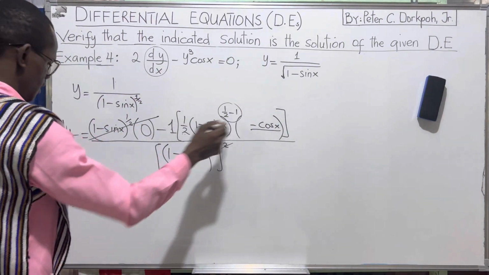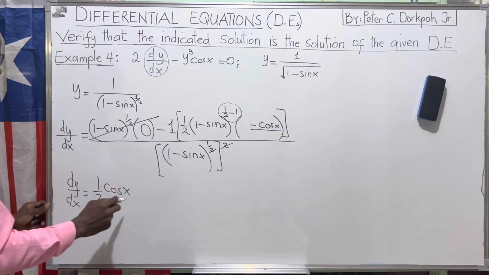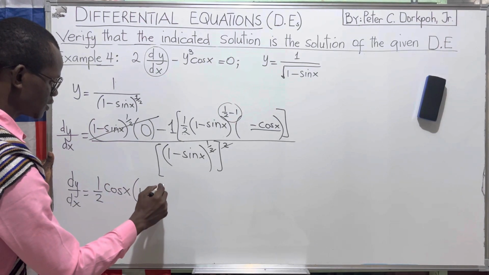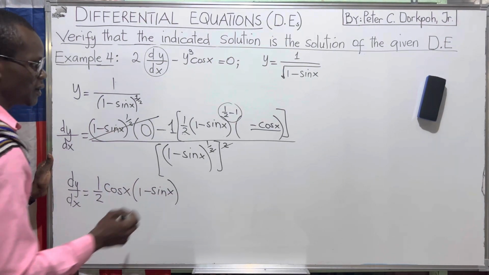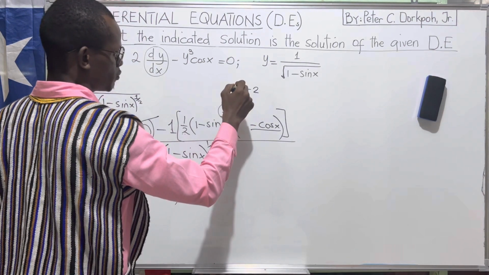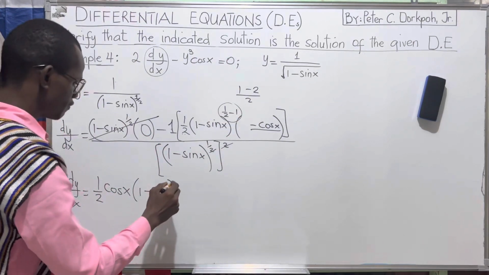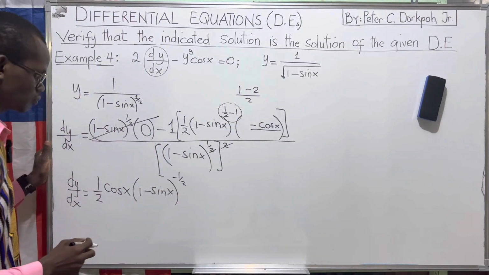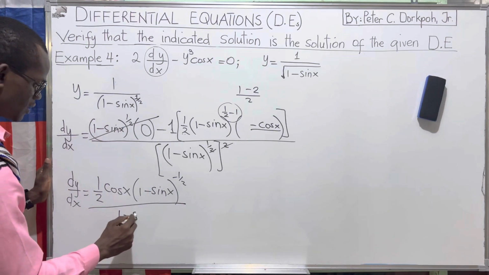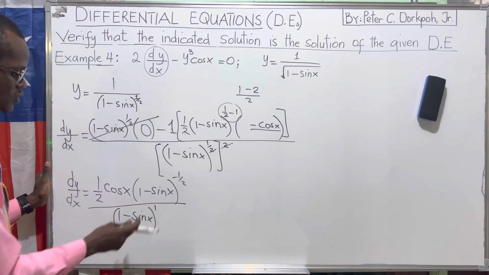So negative times negative is positive. 1 times 1 over 2 is 1 over 2 cos of x, times 1 minus sine of x raised to the power. Now, 2 times 1 is 2, which is negative. You add it to this one, you divide by the same denominator. You just have minus 1 over 2, all divided by 1 minus sine of x raised to the power 1 now, which is just the same thing.